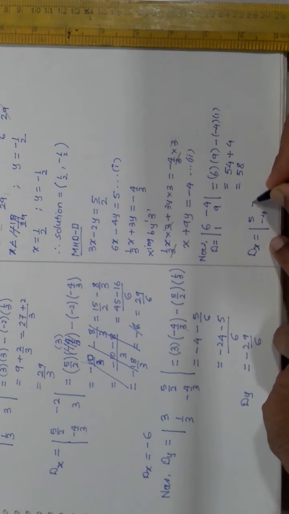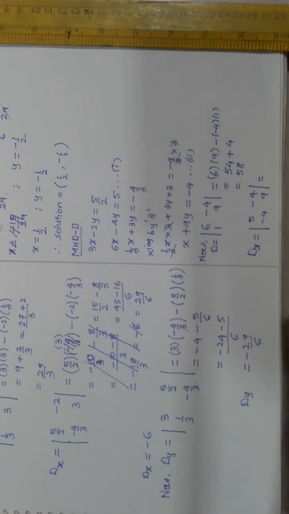So here -4 and 9, I repeat once again, we are making changes in the value of D, that is, everything else remains the same, only in D either x is removed or y is removed. So here you get 5 9s are 45, that is 5 into 9 minus -4 into -4.